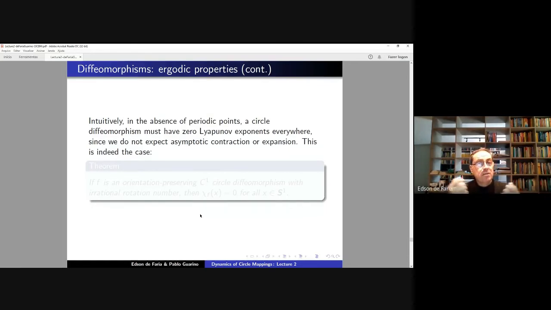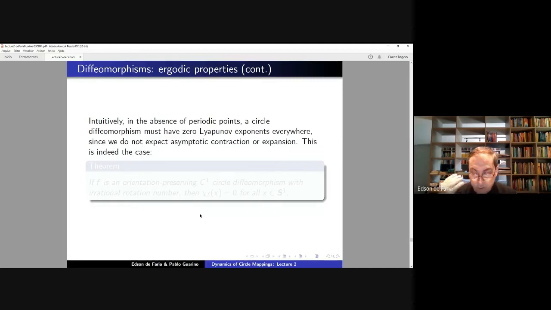So if you look at dfn of x for those points, you'll see either a huge contraction or a huge expansion asymptotically. So you have Lyapunov exponents which are non-zero in that case. So I'm excluding maps with periodic points.